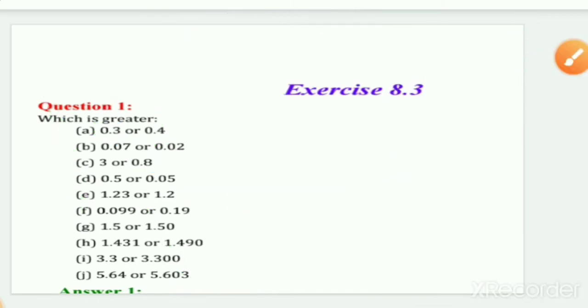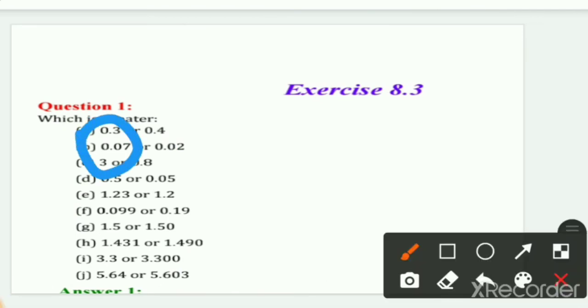So this will be smaller and this will be bigger. Which number will be greater? The hundredths place of 1.23 makes it greater than 1.2. I hope this is understood to you.